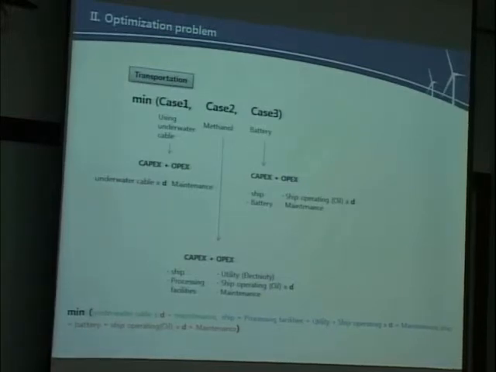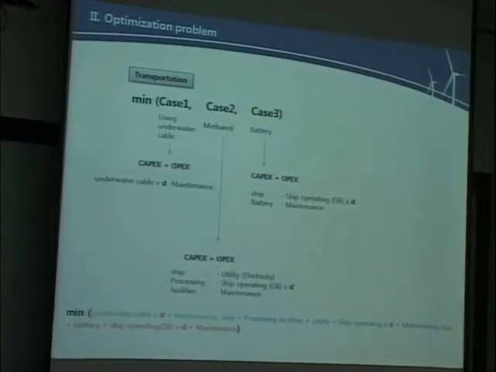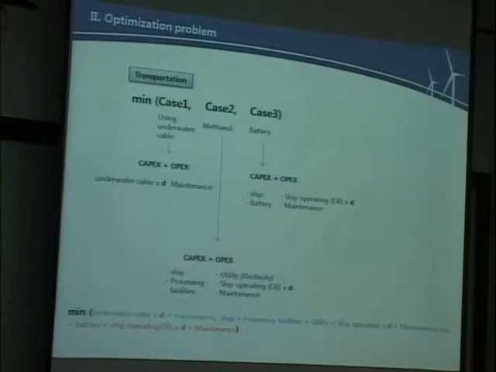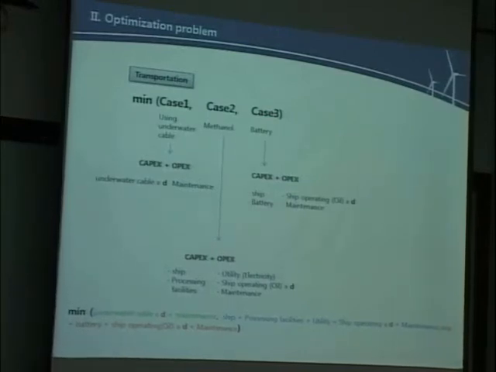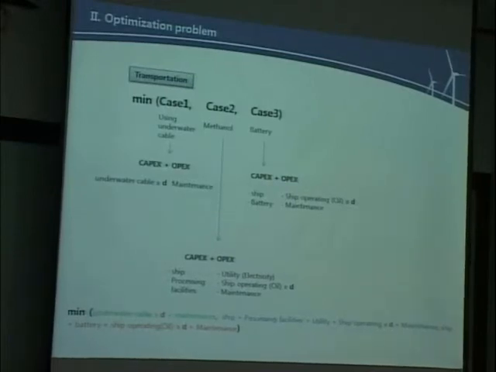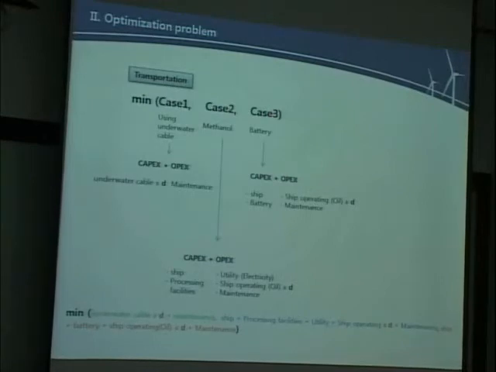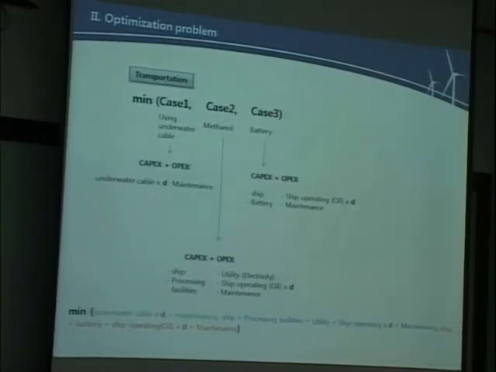If we go into more detail, if you use the underwater cable, you have to consider 2 things: CAPEX and OPEX. CAPEX is related to the initial cost, and OPEX is the operating cost. The underwater cable is related to the distance and maintenance cost.